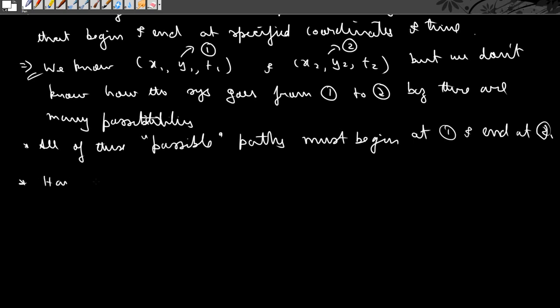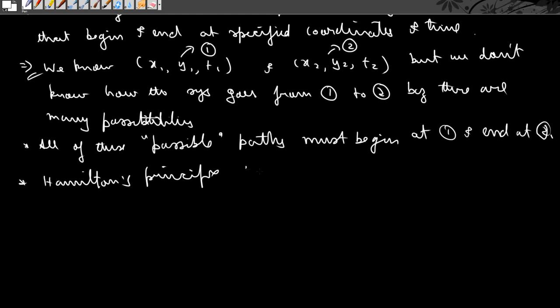So Hamilton's principle chooses the path where the variation of S, okay, since there are many different possible paths, it must choose the correct path, right? That is the use of our Hamilton's principle.